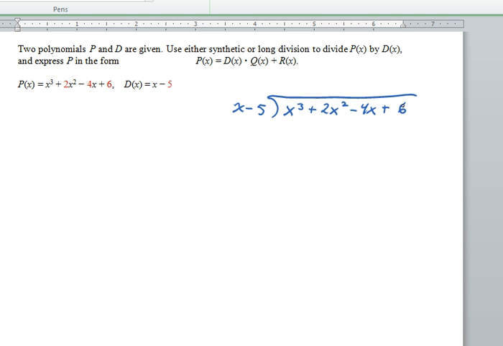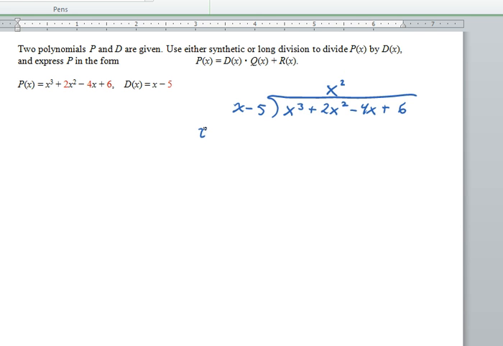When we divide the x cubed by the x, we get x squared. 1x squared is the first term in the quotient.